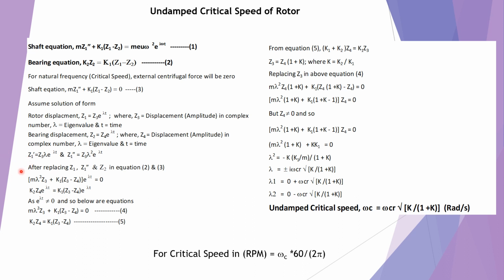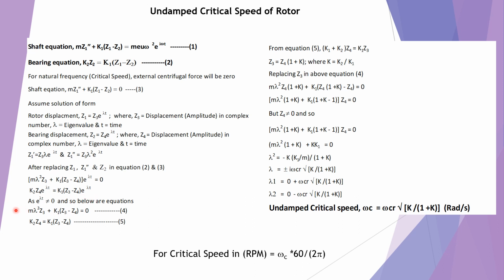After replacing z1 double differentiation and z2 in equations number 2 and 3, we can write (m lambda square into z3 plus k1 (z3 minus z4)) into e to the power lambda t is equal to 0, and from the second we can write k2 into z4 e to the power lambda t is equal to k1 into (z3 minus z4) e to the power lambda t.